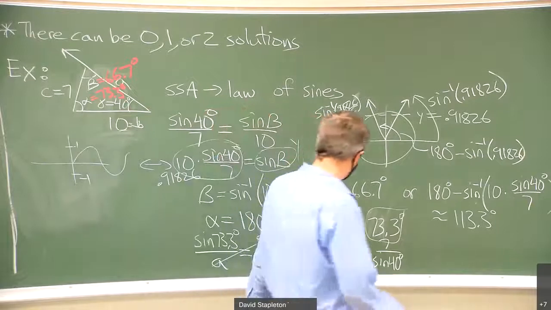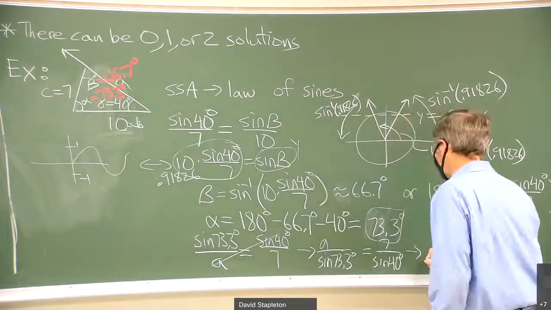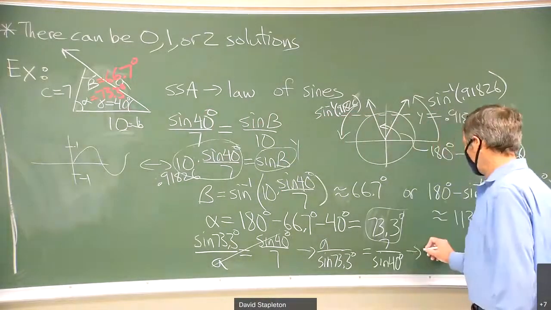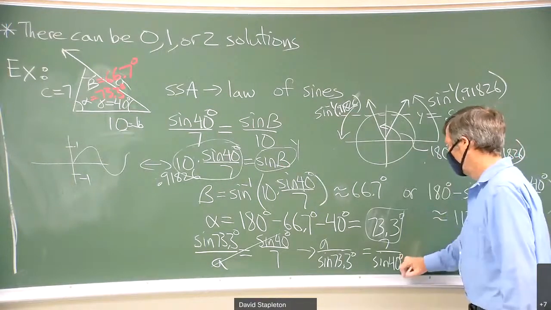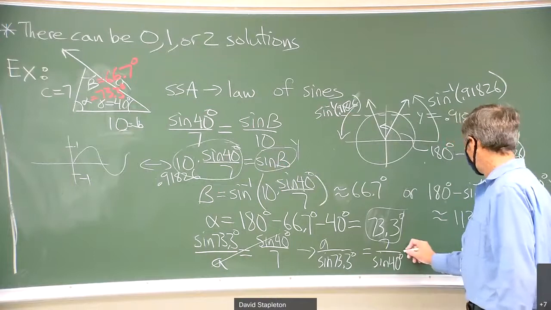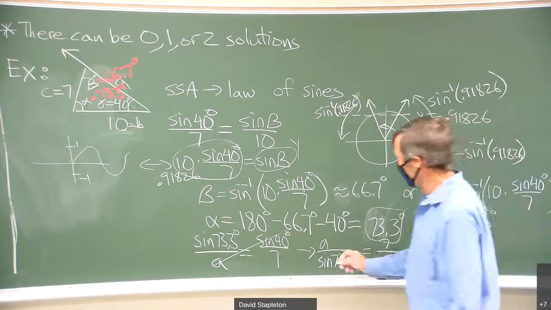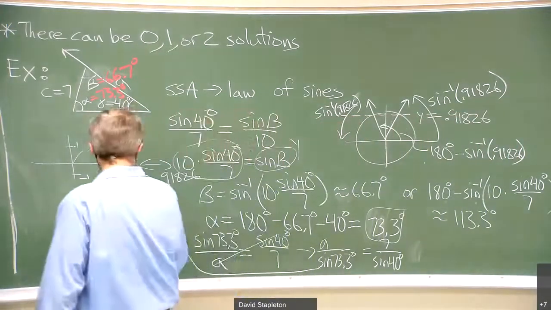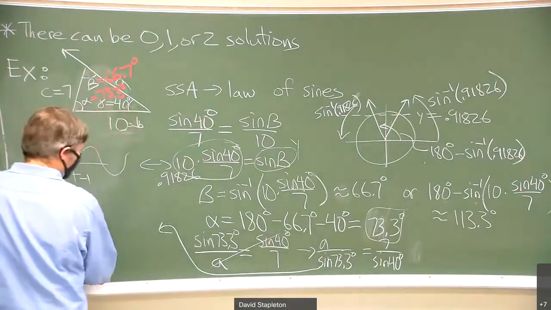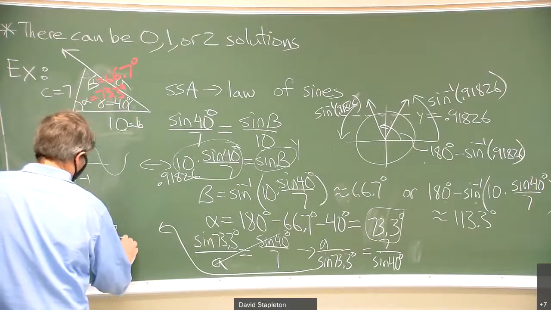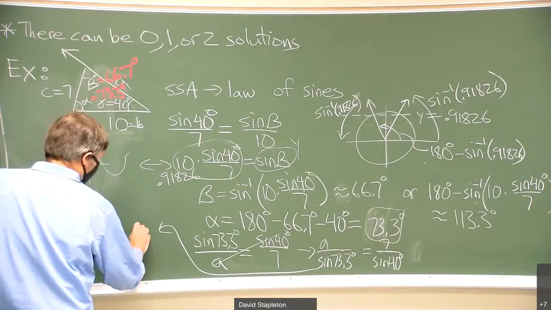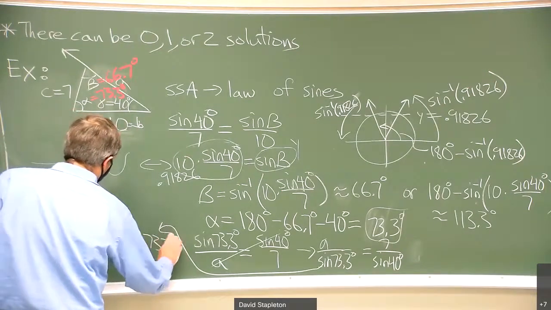Now you multiply by sine 73.3 and you've got A equals, running out of room. I keep this on this one side. Let me, if I can do a little squiggle here for a change. A equals 7 over sine 40 times sine 73.3.